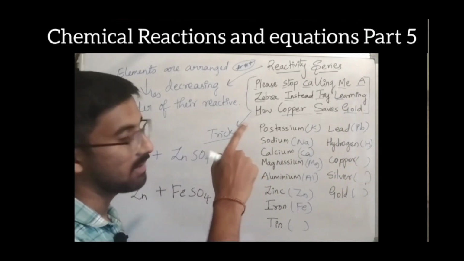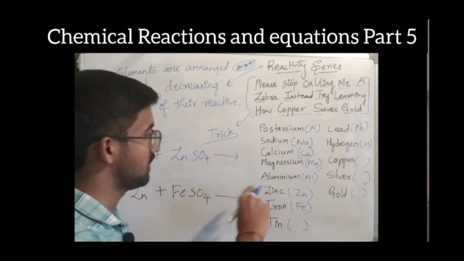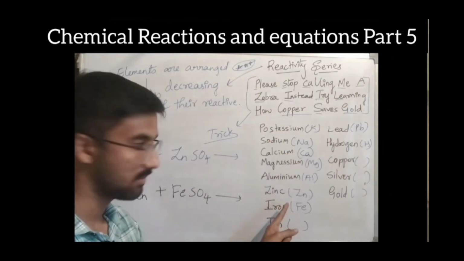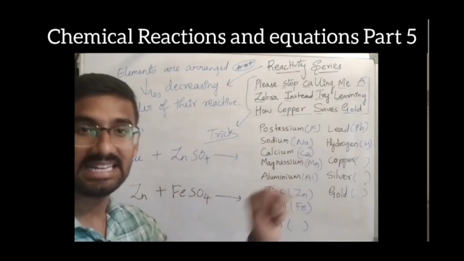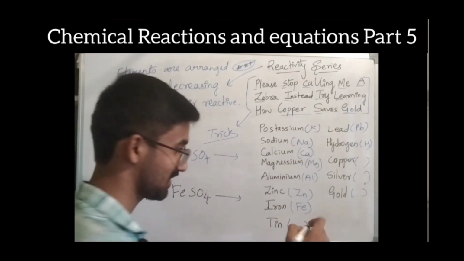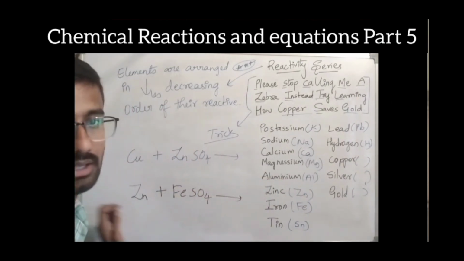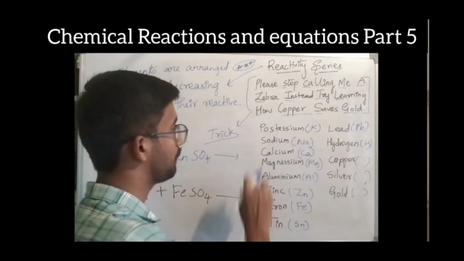Me, M for magnesium. A, aluminium. Zebra, zinc. Instead, iron. Try, tin. What is the symbol of tin? You should remember here, Sn. Learning, lead, Pb.